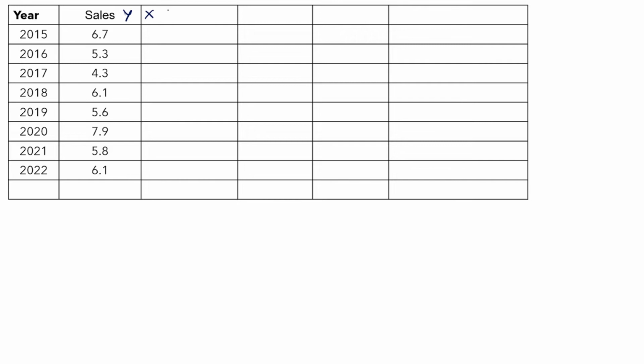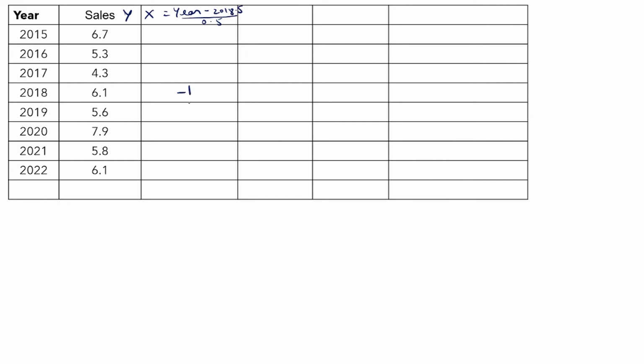And now let us have x as year minus... here let us count the number of years. The number of years is 2, 4, 6, 8. It is even. So we have x as year minus the average of these two, that is 2018.5, upon 0.5. So for 2018, we will have the value of x as 2018 minus 2018.5 by 0.5.